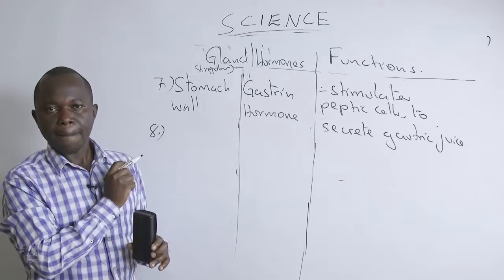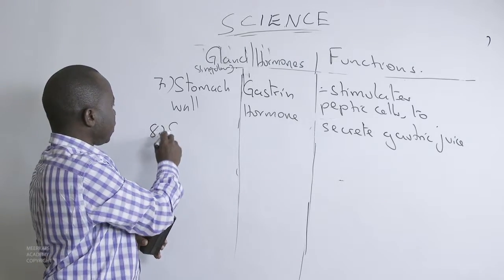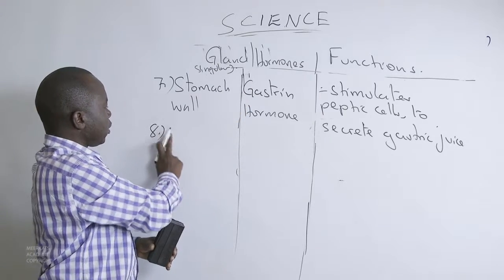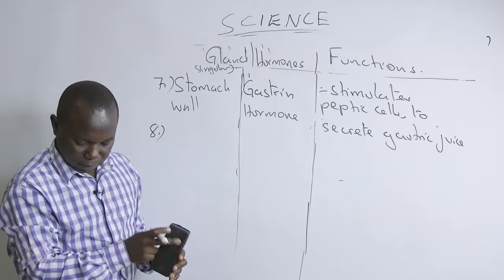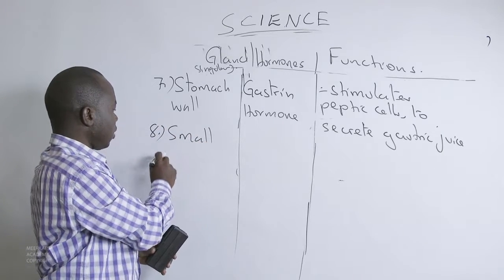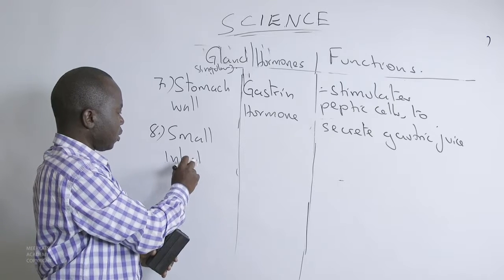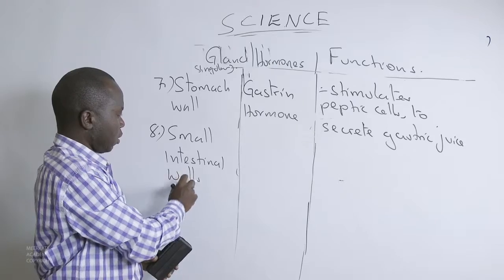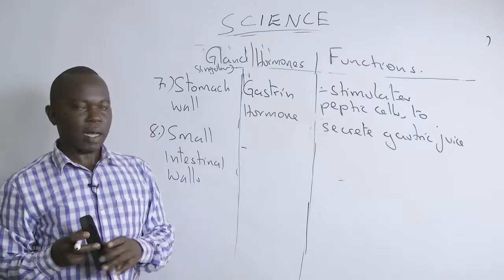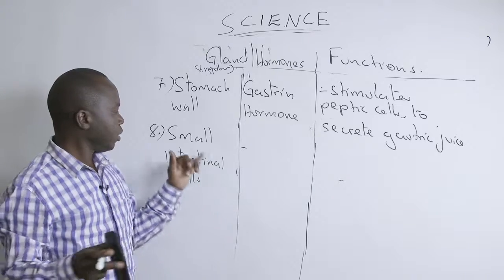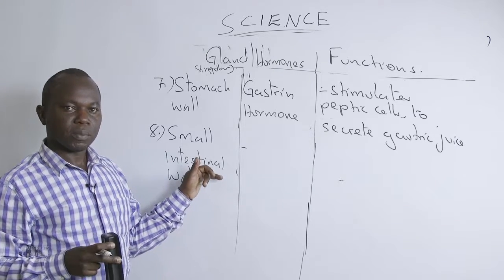The other structure that also acts as a gland is small intestines. Small intestinal walls. When food arrives from the stomach or from the duodenum in form of chyme, it will flow into the small intestines.